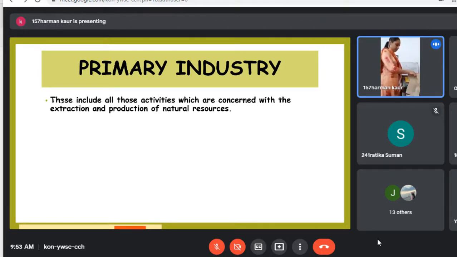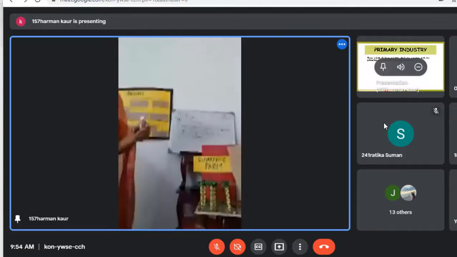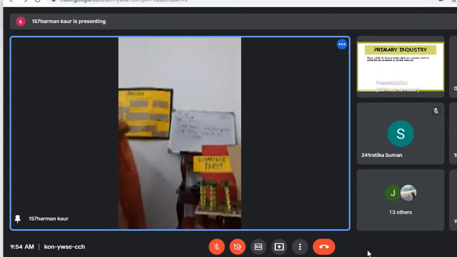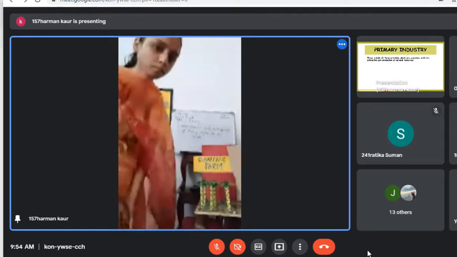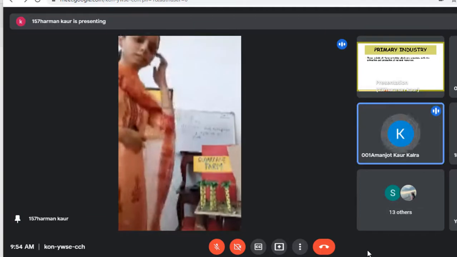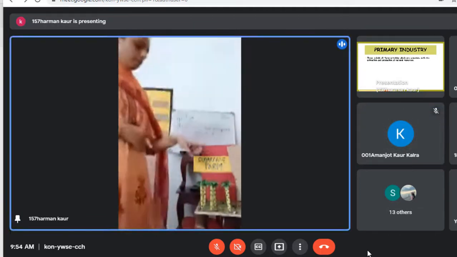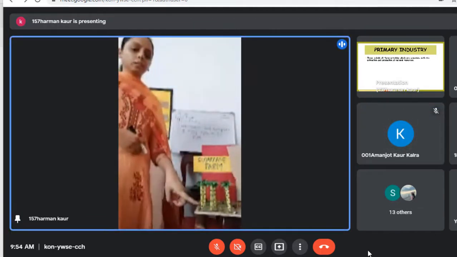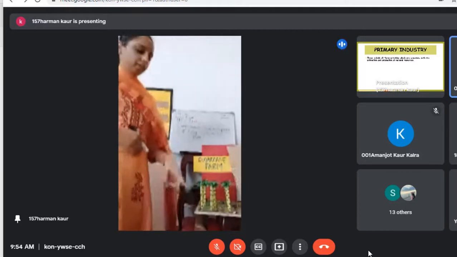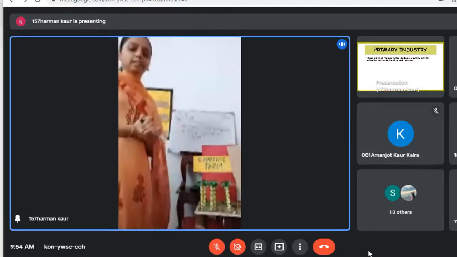Okay, let's see this model. Tell me what you can see here in this model. Sugarcane farm. Yes, sugarcane farm. Sugarcane farm is a product of primary industry and we produce sugarcane and it is a natural resource.